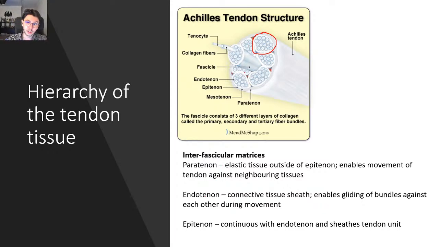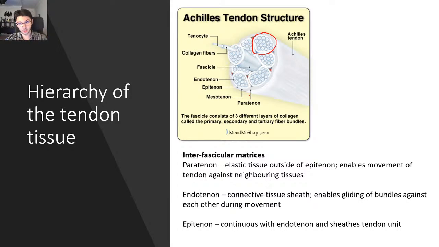The endotenon is a connective tissue sheath, and it's what is wrapped around the bundles. Now, what this ensures is that you have gliding of the bundles against each other. So the more it gets stretched out, the more of these individual wires or these individual fascicles can stretch and glide.